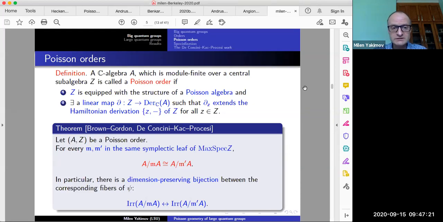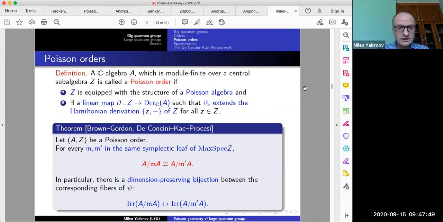In many situations, this theorem is so powerful that it says that if you look at these central quotients, A mod MA, there are only finitely many isomorphism classes of such central quotients. So in a sense, you started with an infinite problem, to understand the representations of A mod MA for infinitely many M's, and all of a sudden you got just finitely many.